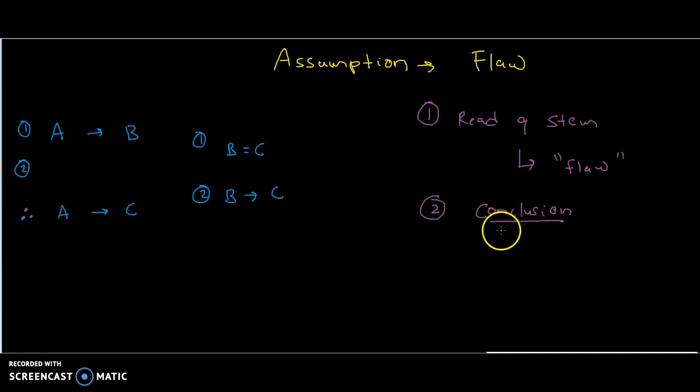And the way that we look for this, generally speaking, is try to find a keyword that indicates that the author is drawing a conclusion. Okay? And some of those, very common ones, would be something like, say, thus, or therefore, or, the most easy one, of course, would be something like in conclusion, etc.